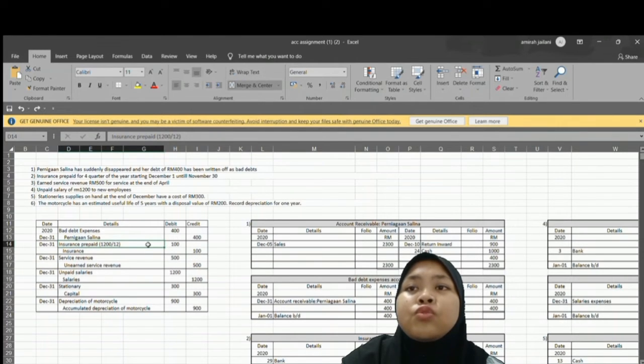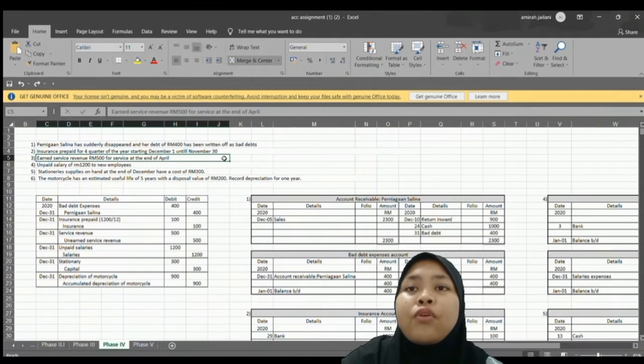So what we need to do is we need to divide 1,200 by 12 months, and we will get the exact amount that Encik Ahmad should pay for 1 month only.